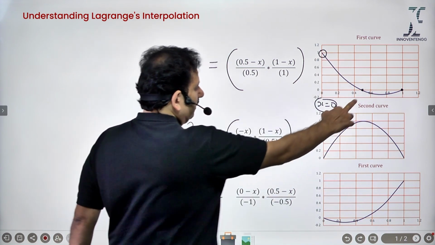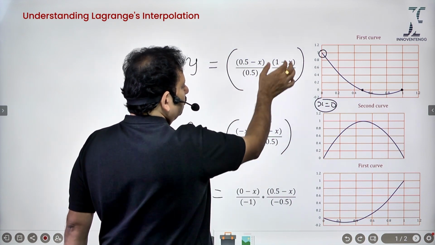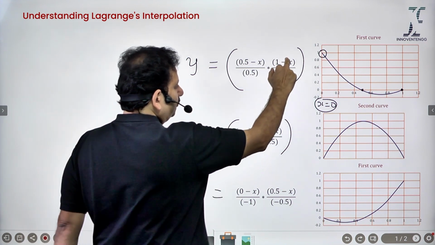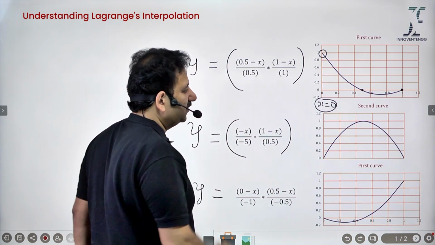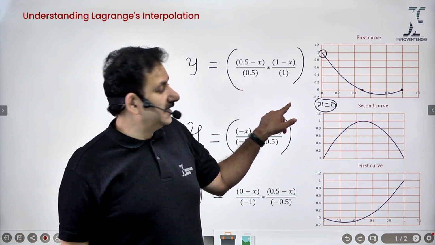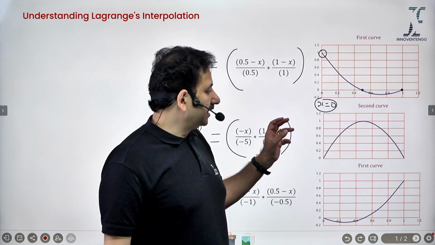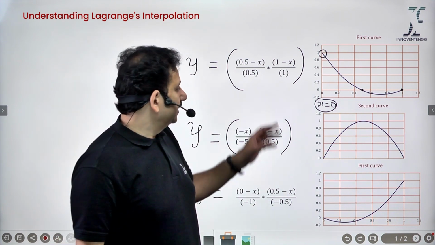If I put x equal to 0.5, this becomes 0, so the entire term becomes 0. And if I put x equal to 1, this term becomes 0, so the entire term becomes 0. So at least this fitted curve at 3 significant points gives you the correct value of y. The correct value of ordinate is given by this expression.